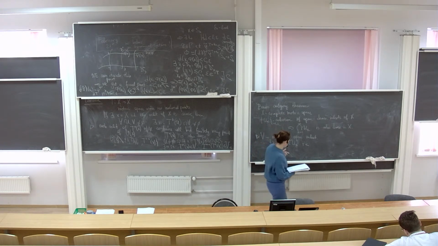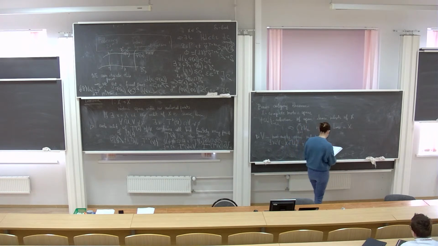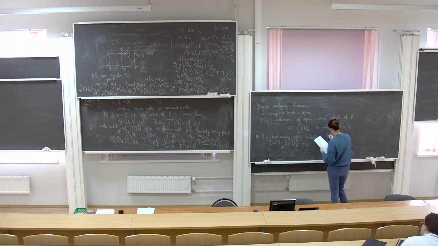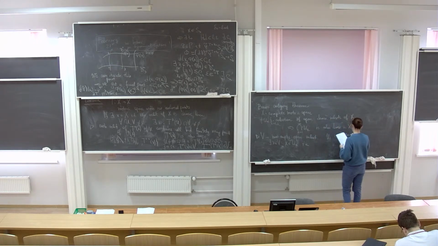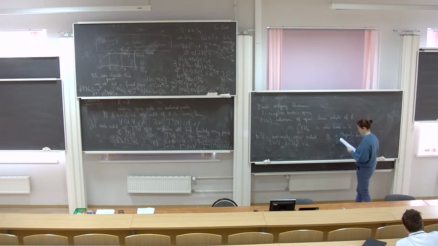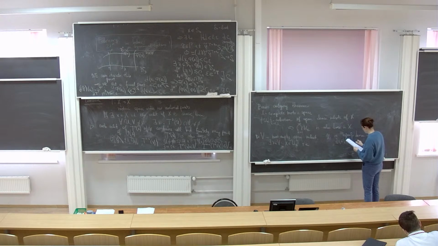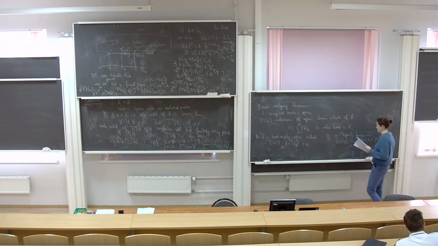So let's start from the beginning, from U1. U1 is open and dense. So there should be x1 in the intersection of U1 and V, and such that if we consider a ball of radius r1, then this ball lies properly in this intersection.